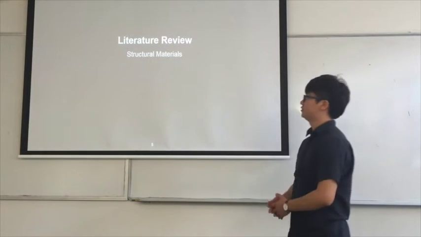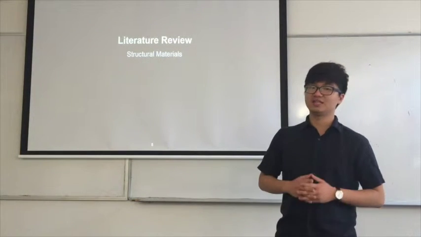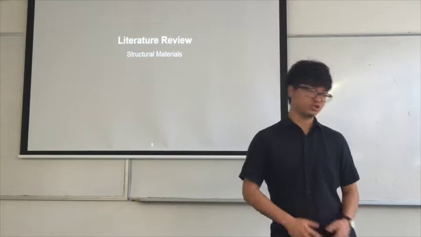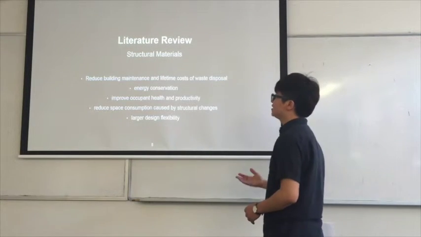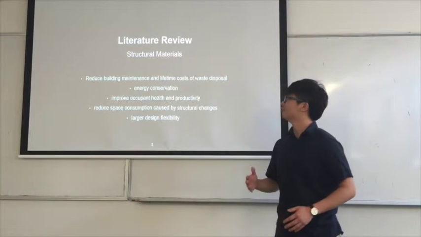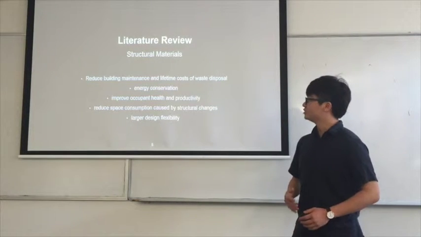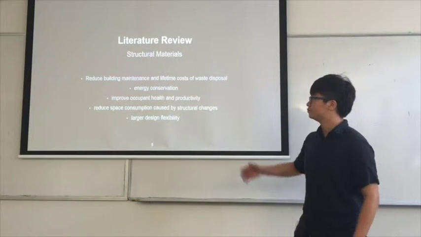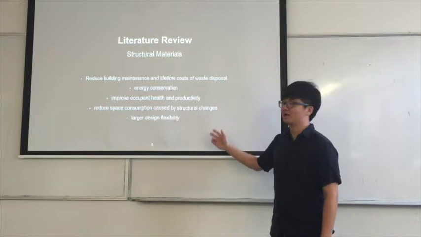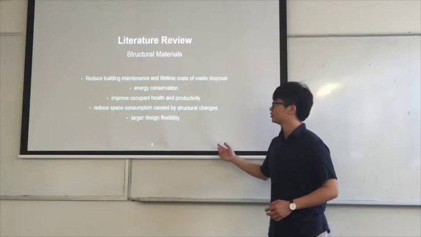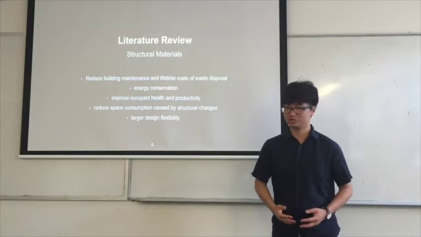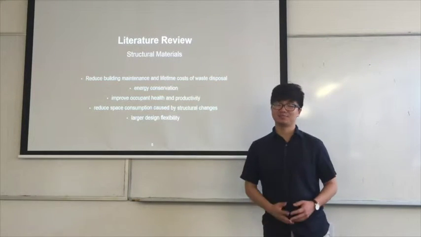Then there are the structure materials of sustainable construction design. They can reduce buildings' maintenance and lifetime cost of waste disposal and energy conservation, improve occupant health and productivity, reduce space consumption caused by structure changes, and give larger design flexibility.